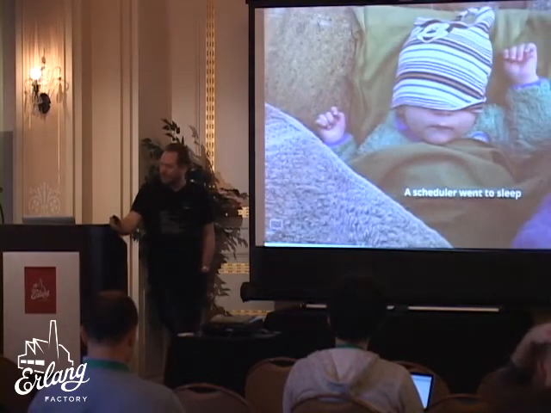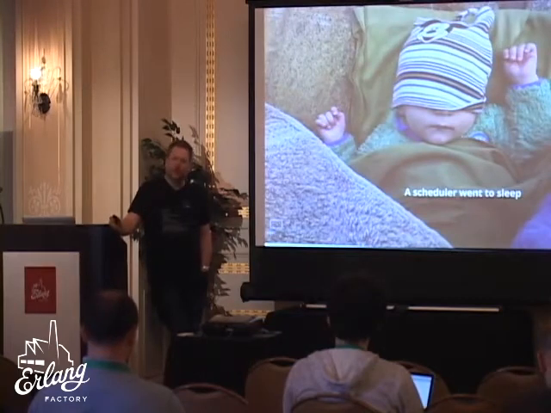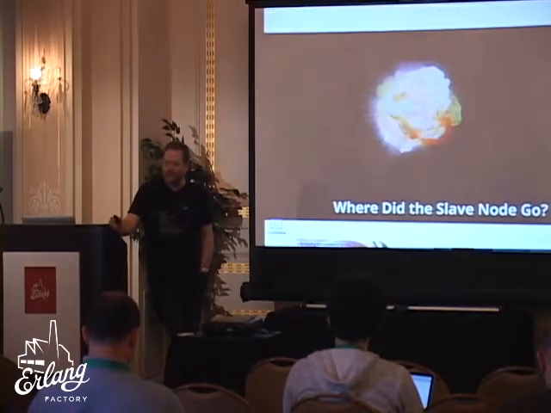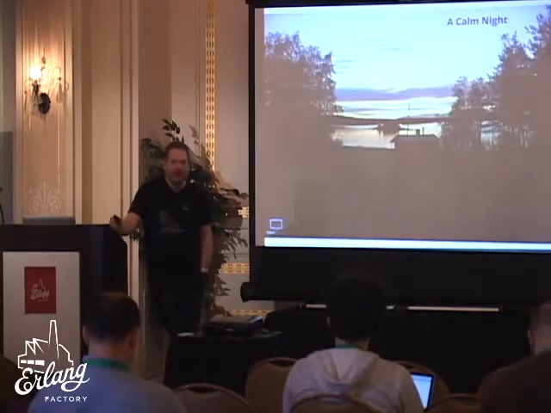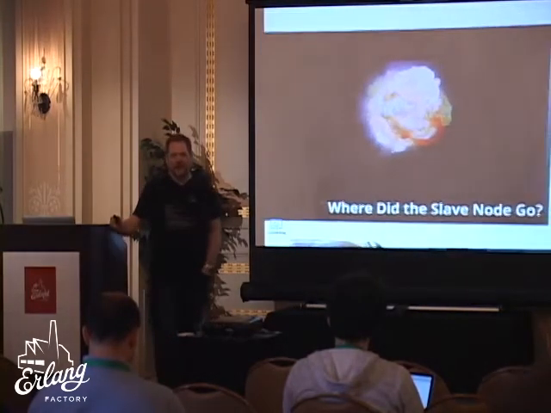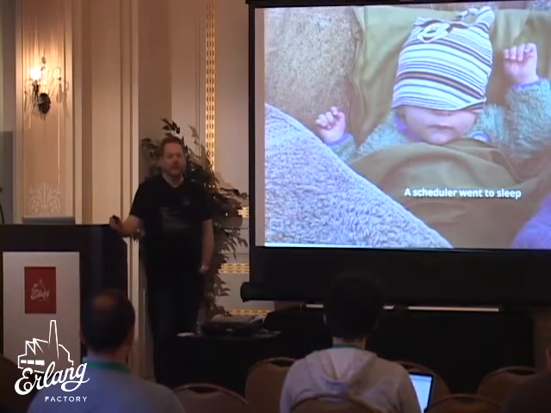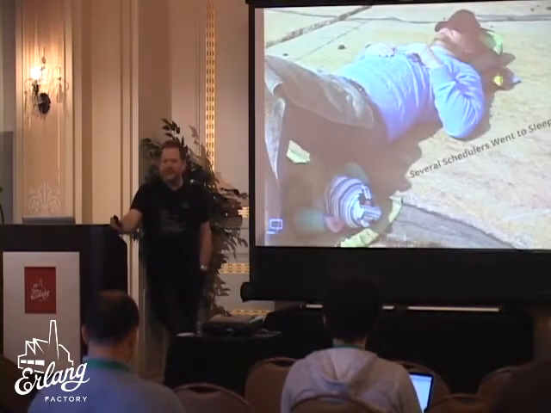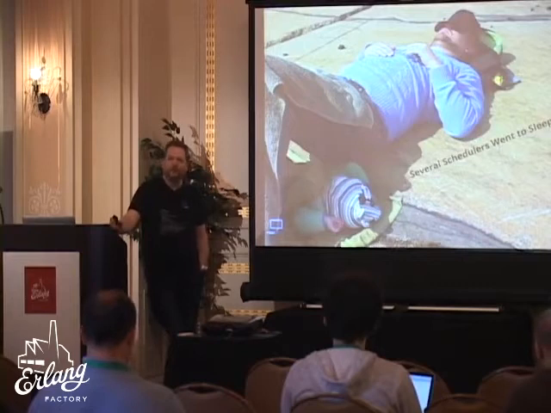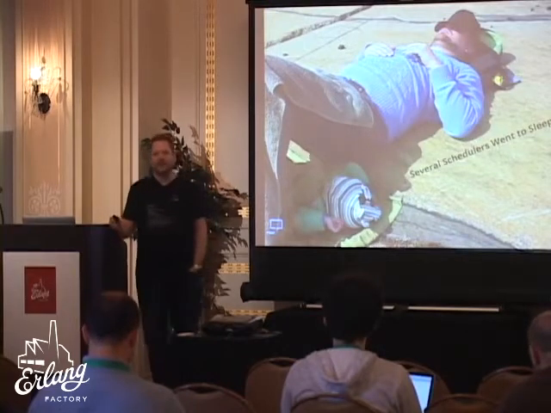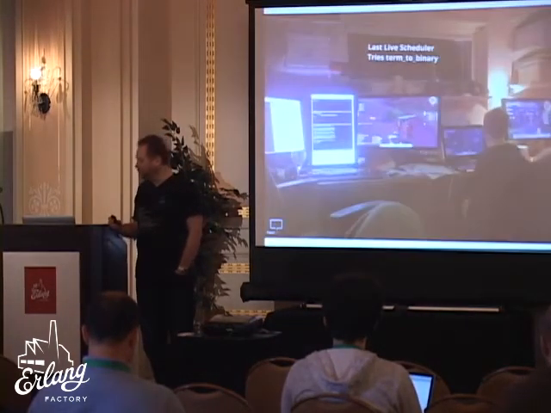So it turned out that when you don't have much work to do, like on a calm night like this one, the Erlang schedulers actually go to sleep. So if they don't have anything to do, they go to sleep, and actually several of them go to sleep. And you might end up with just one scheduler running.